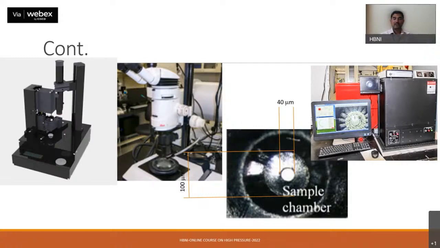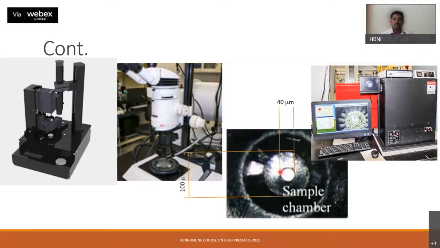And more often than not, if you want to use really very small gaskets and go for very high pressures, then you need to use laser drilling systems where you keep rotating your gasket and the nanosecond pulsed IR laser falls on this gasket and it starts cutting your gasket and it makes a nice hole.